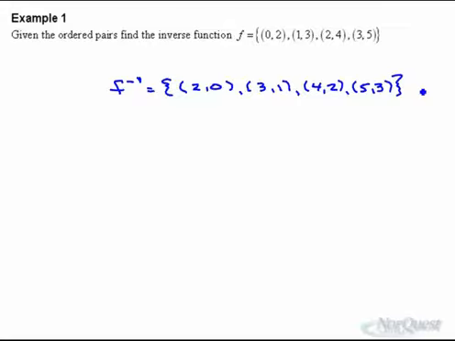Well, the range of the inverse is 0, 1, 2, 3. The range of the original is 2, 3, 4, 5. The domain of the inverse is 2, 3, 4, 5. And we use that fancy notation f to the exponent negative 1 to indicate that this is an inverse function. So if you have points, switch x and y, and that will be your inverse.